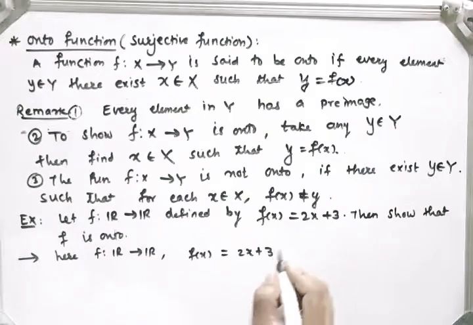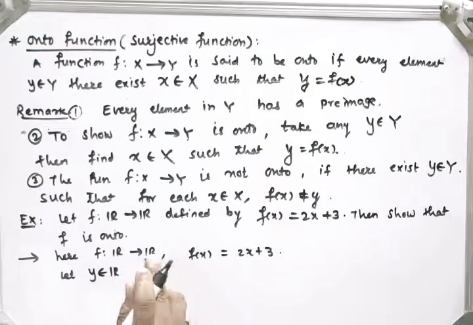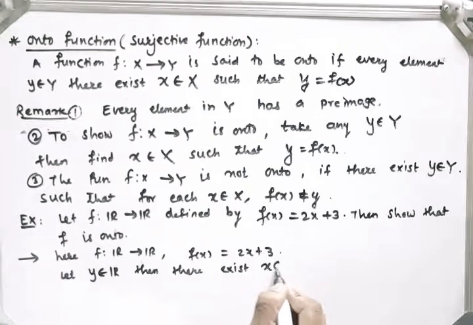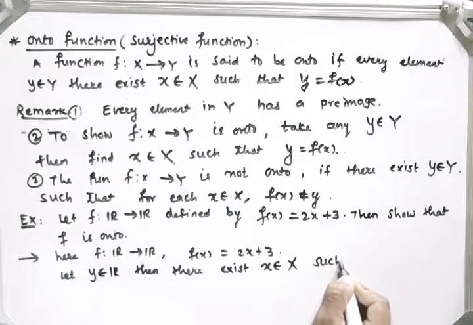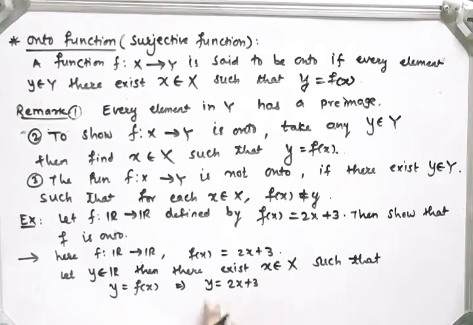Now let me take y belongs to the codomain R. So y belongs to R, there exists x belongs to X such that y is equal to f of x. So what is f of x? 2x plus 3. So y is equal to 2x plus 3. Now we solve this equation for the value of x.